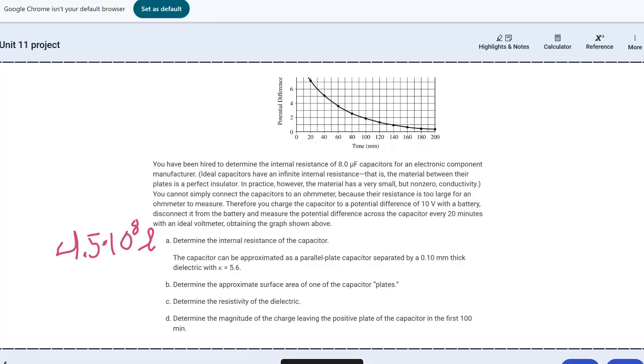Well, we know C equals K epsilon naught A over D, and then we can just solve for A equals C D over K epsilon naught. And then we can plug that into our calculator.